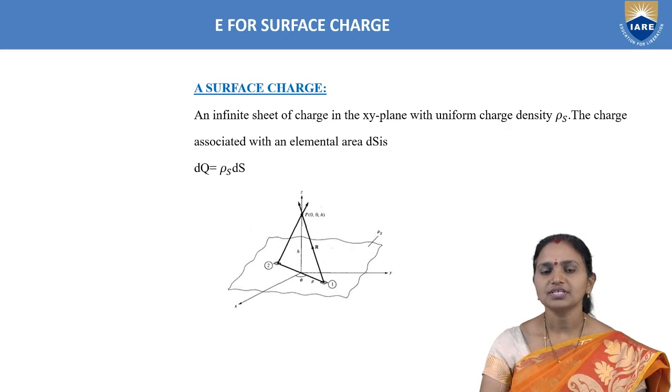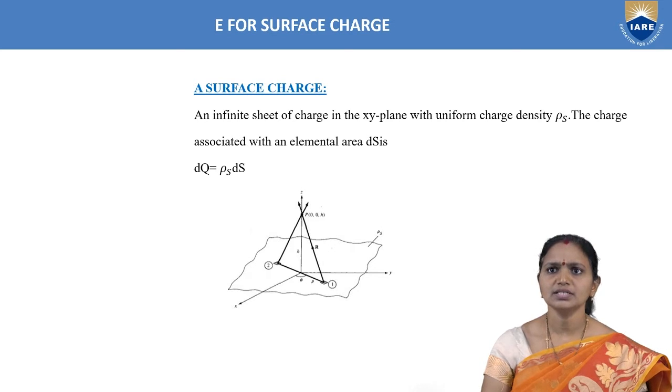Here, a surface charge has both length and breadth and must be confined to a sheet. For surface charge, generally we give the surface charge density, which is represented as rho s.